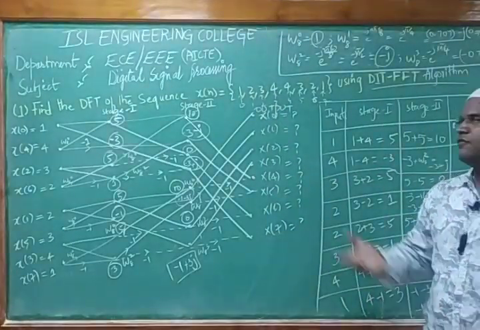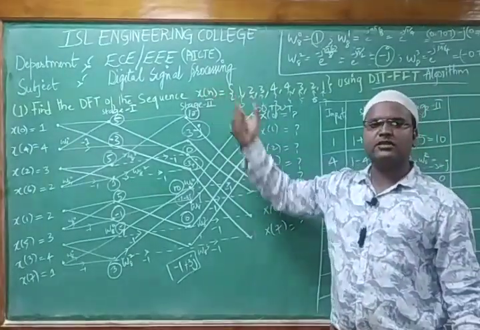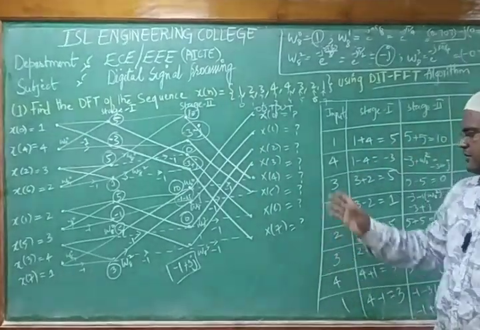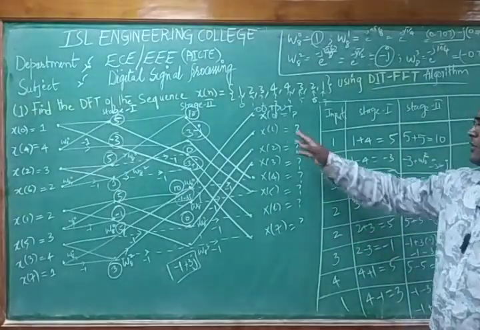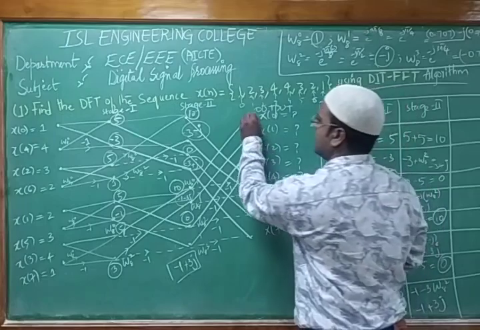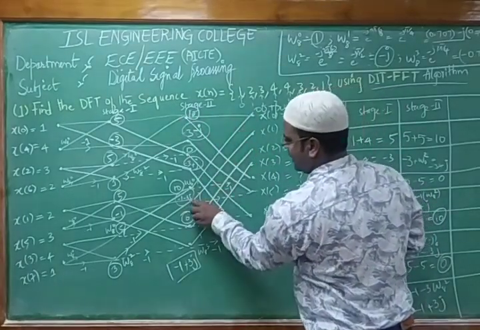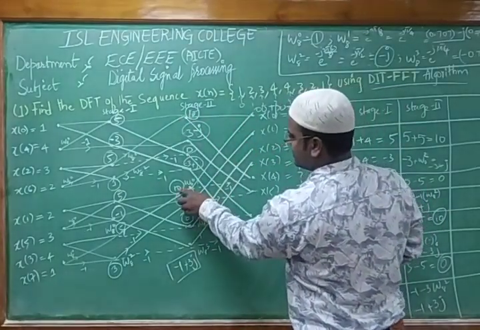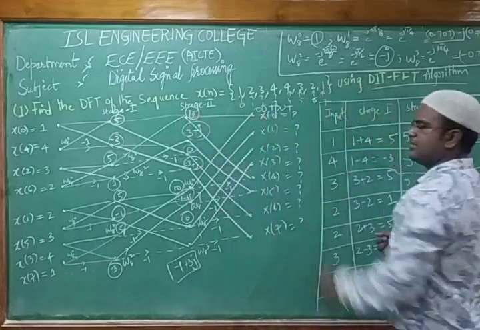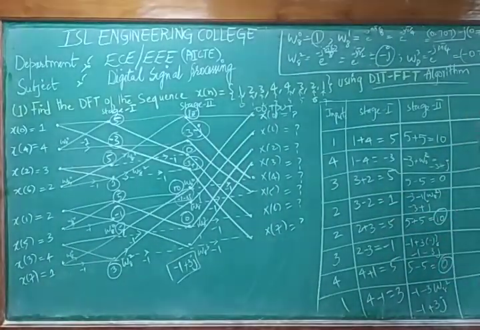That DFT, without the formula, we are finding by using this sequence. So how do we find it? Tell me, what is x of 0? This is 10, and again this is 10. So 10 plus 10, I can get the answer directly as 20. So what is x of 0? I'll write here. This is my output.